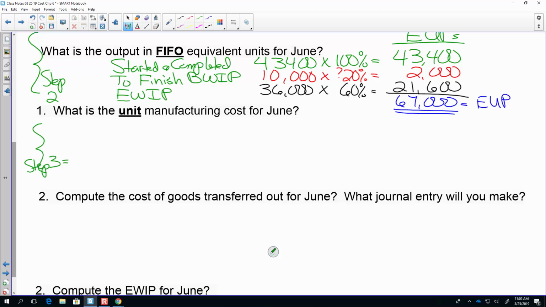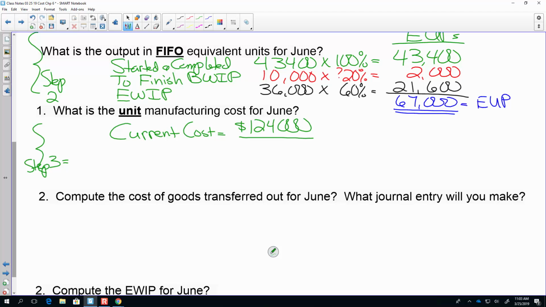How much? 124. Under the FIFO method, we never include in our cost per unit costs that have the beginning cost in it, just the current cost only.